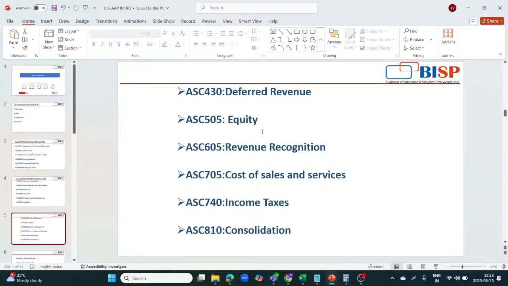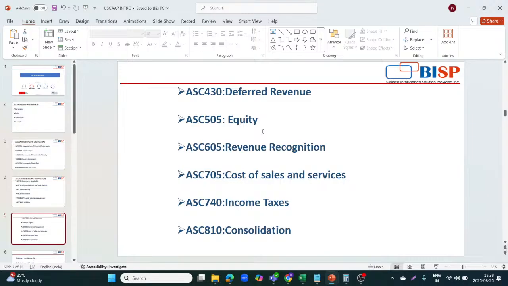Then the next is accounting standard codification 605, which covers revenue recognition. Under this standard we'll see the new update from FASB, the Financial Accounting Standards Board. It is an imperative concept. If you recognize your revenue correctly, then your entire revenue recognition process is considered accurate.